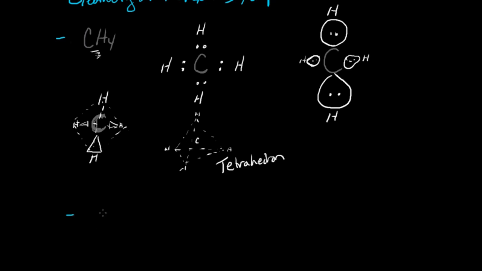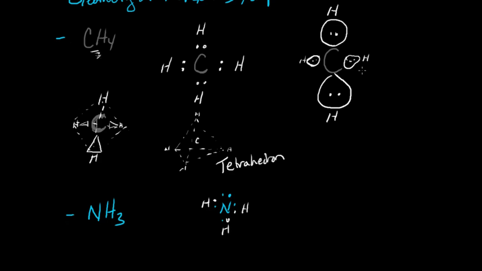Nitrogen, for example, can only make 3. Nitrogen looks like this, right? That's nitrogen. And so it's going to bond with hydrogens.